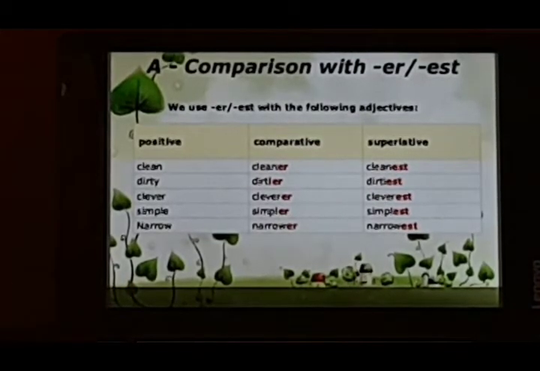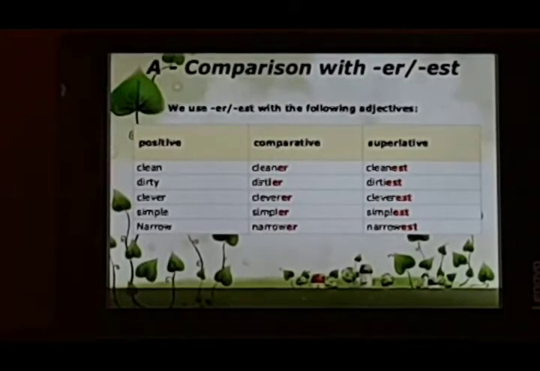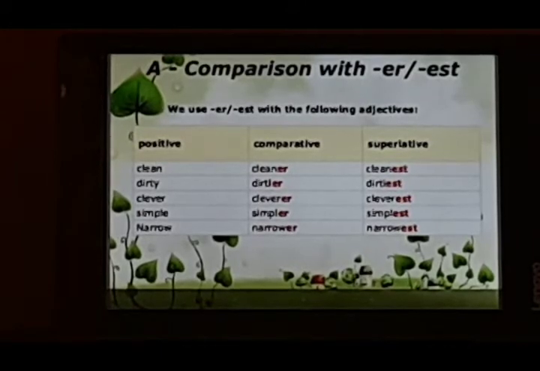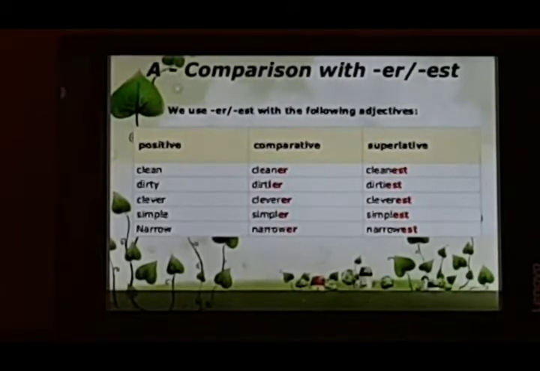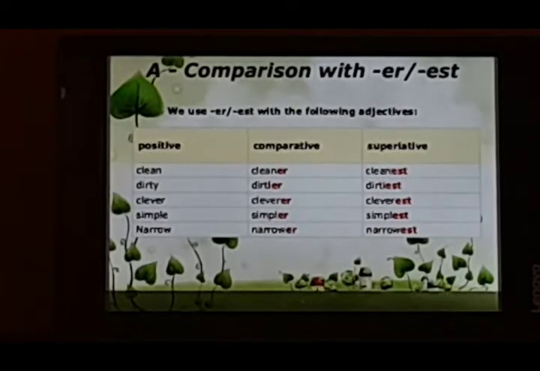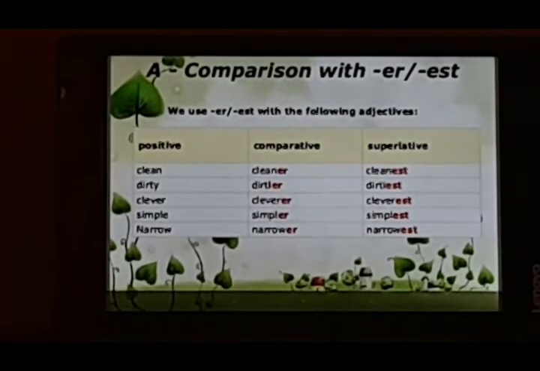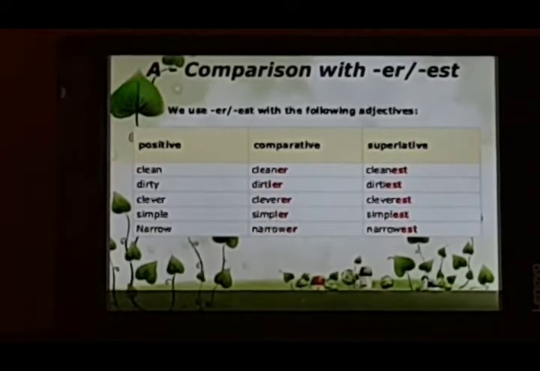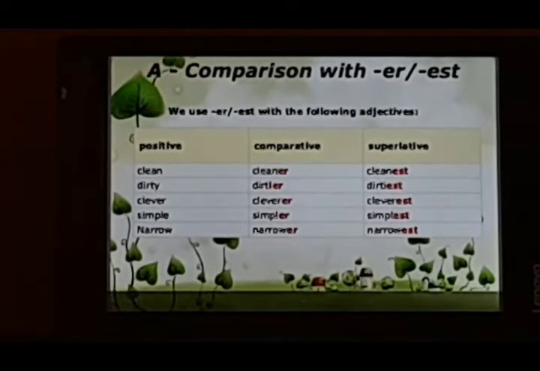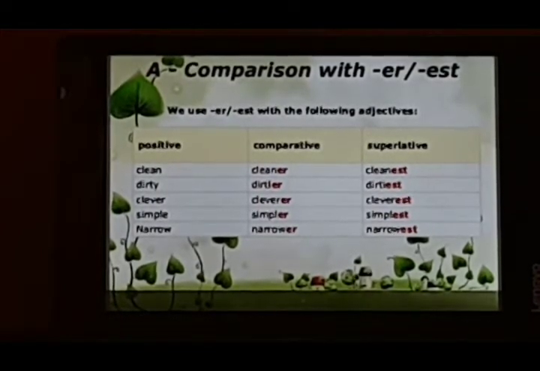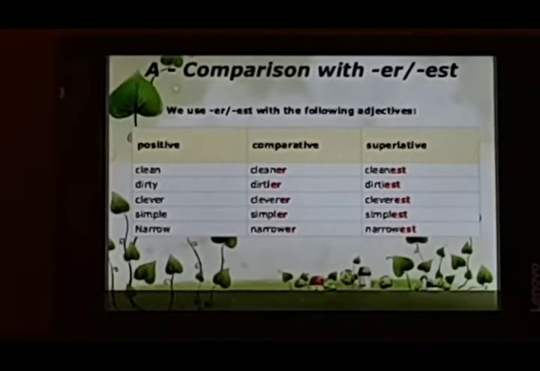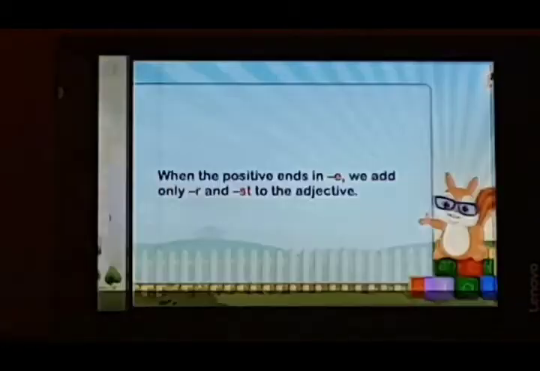Dirty, so two syllables: dirtier and dirtiest. Clever, cleverer and cleverest. Simple, simpler and simplest. Here what changes have we made? We have used ER at the end of the words, or sometimes it can be IER. We'll go to that also. Now narrow becomes narrower and narrowest.